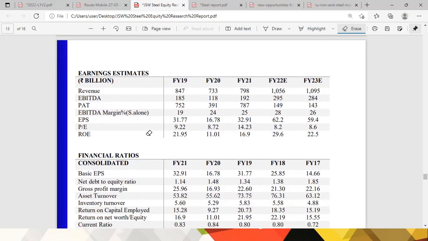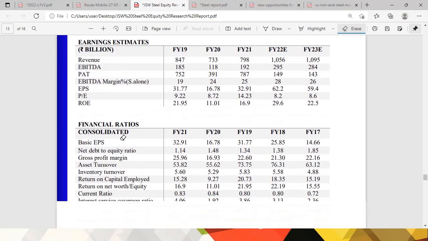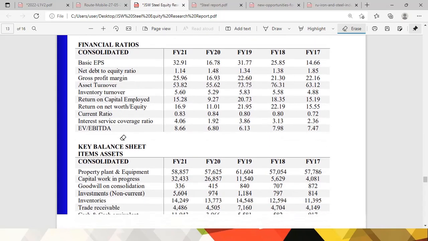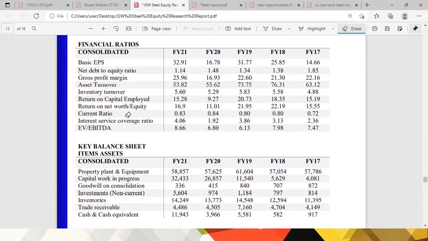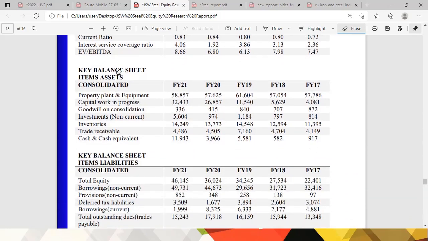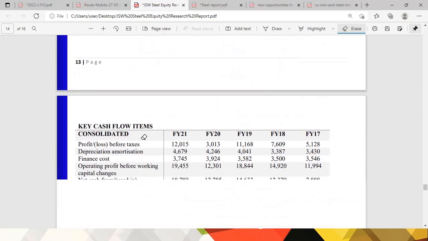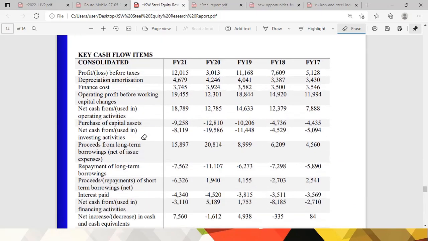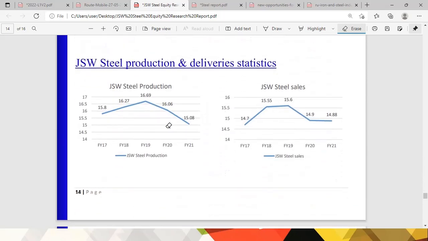Brief financial estimates. These are some key ratios, key point of analysis that I have included over here. Key balance sheet item that I have included over here. Key cash flow items, I have also included this thing over here. And then this company's production and delivery statistics.